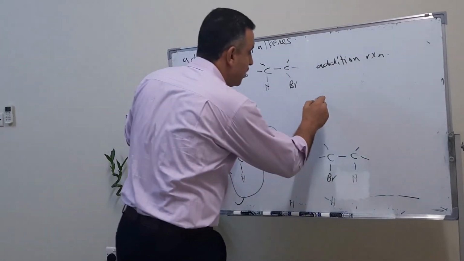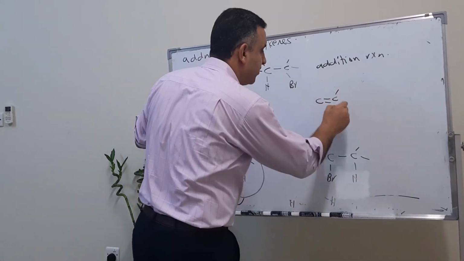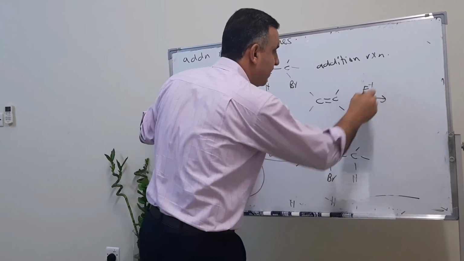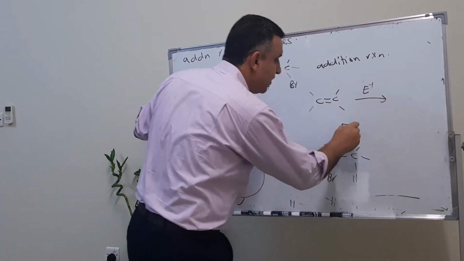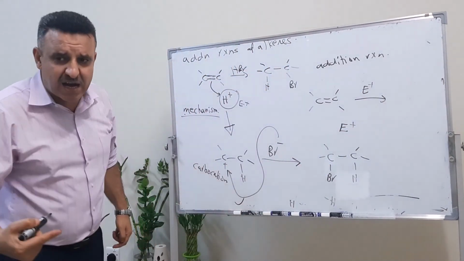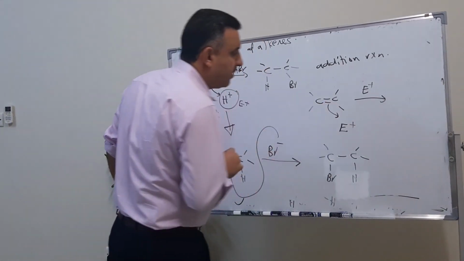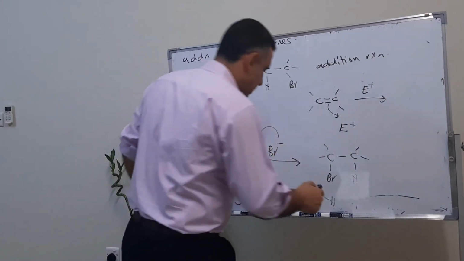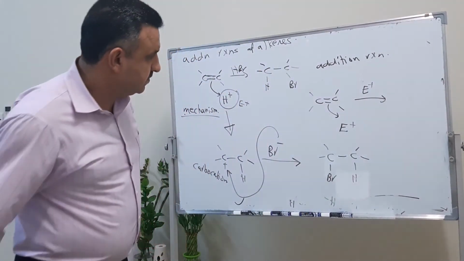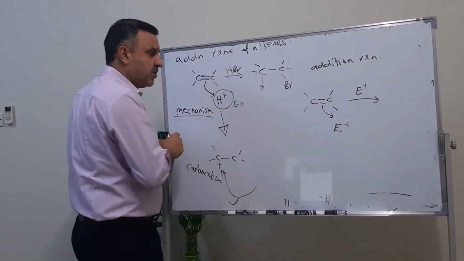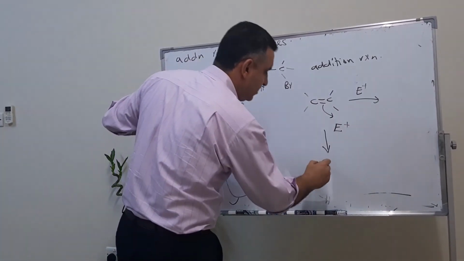In other words, whenever we have carbon double bond carbon, the first step, the electrophile, the electropositive part of the adding molecule, will react first and make a bond with this pi bond, and then it will form a carbocation intermediate in this case.